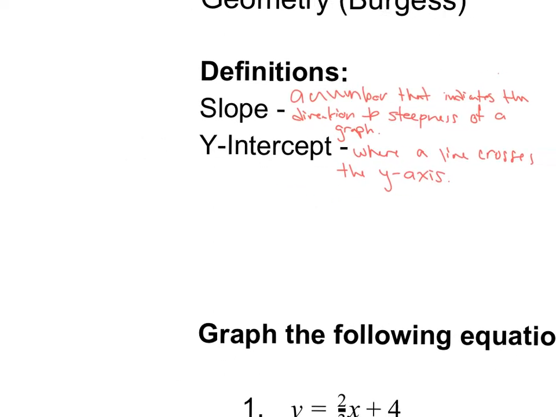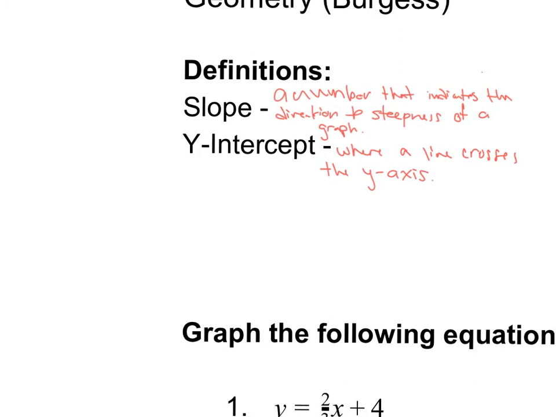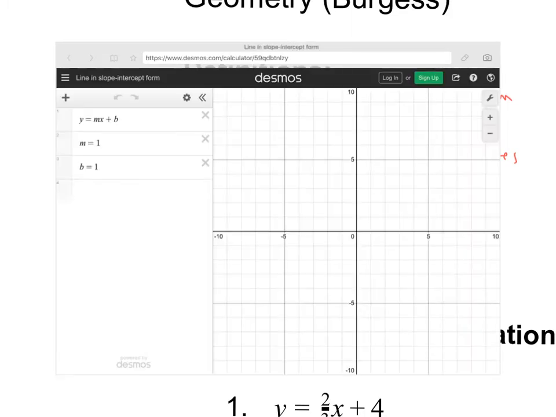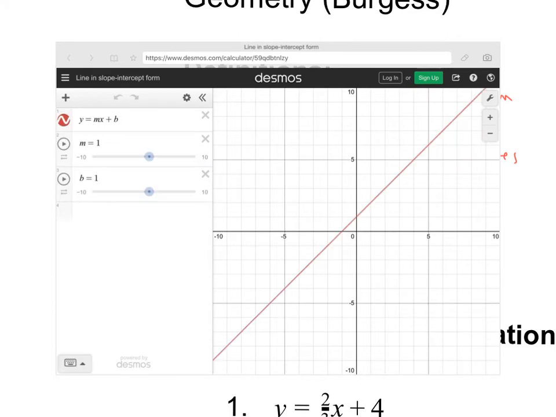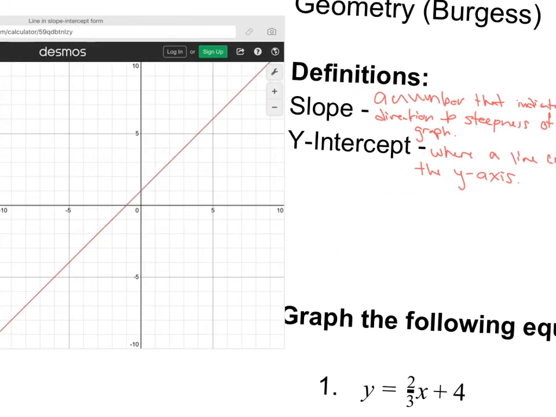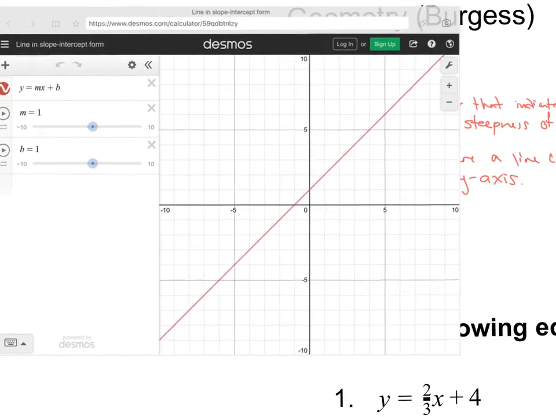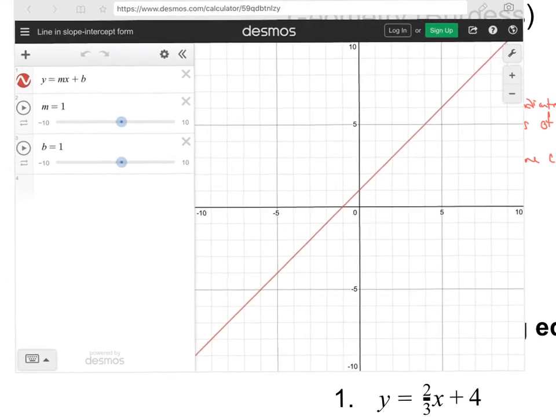Okay. So to get a better idea of what this means, I'm going to show you here. I have here an equation y equals mx plus b.